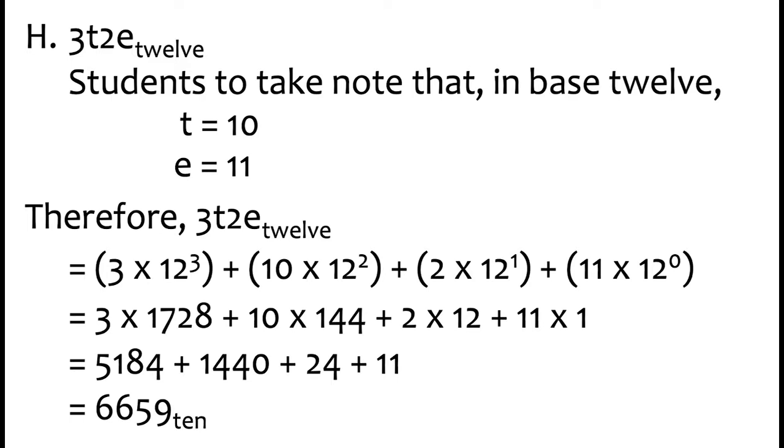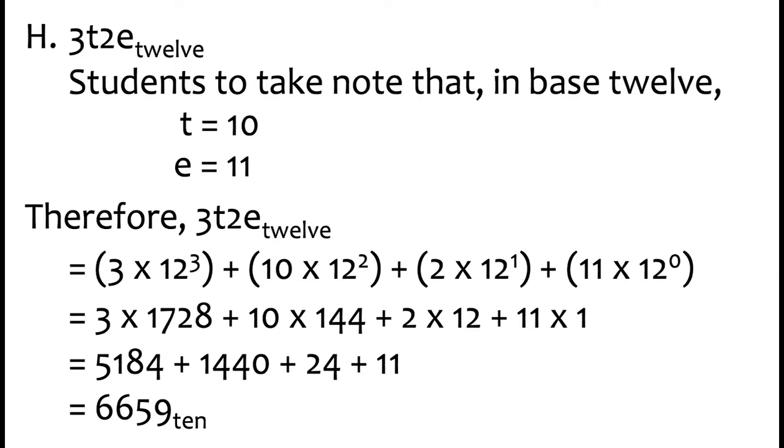3T2E base 12 will be 3 times the base, which is 12, raised to the power 3, plus T, I told you, T is 10. So 10 times 12 raised to the power 2, plus 2 times 12 raised to the power 1. Finally, plus 11, which is E, times 12 raised to the power 0.